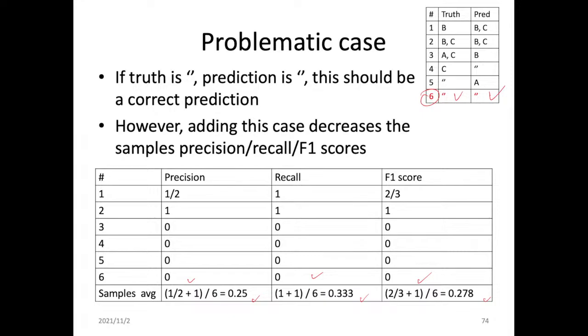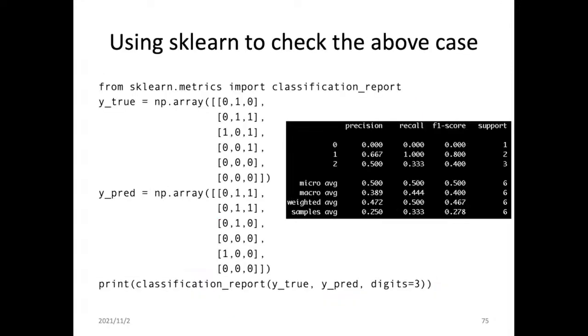And in fact, if we use scikit-learn's samples average here, I use the same sample I just illustrated. You will see that the true label of the last instance is 0, 0, 0, and the predicted is 0, 0, 0.